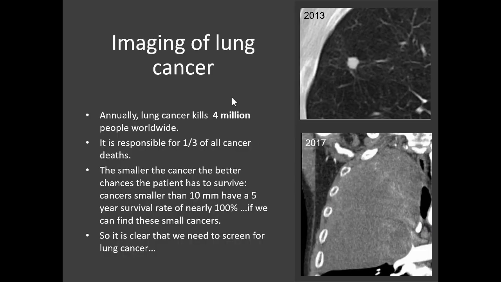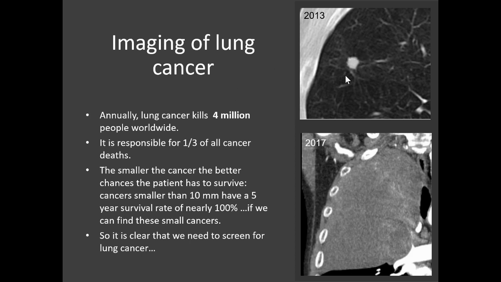Now, lung cancer, which is also a very important part in thoracic radiology. So annually, lung cancer kills about 4 million people worldwide, and it is responsible for 1/3 of all cancer deaths. Small cancers have a relatively good survival rate, so we should definitely try and screen for lung cancer. Here is one of my favorite cases of all time.